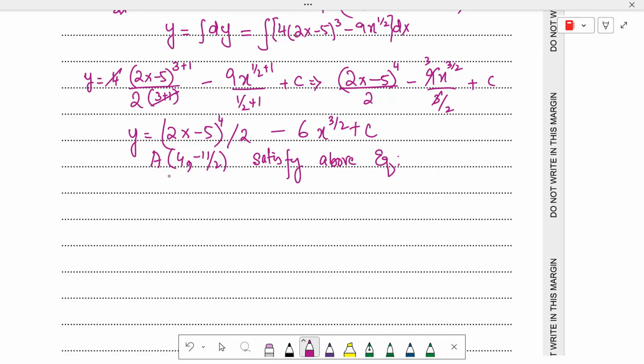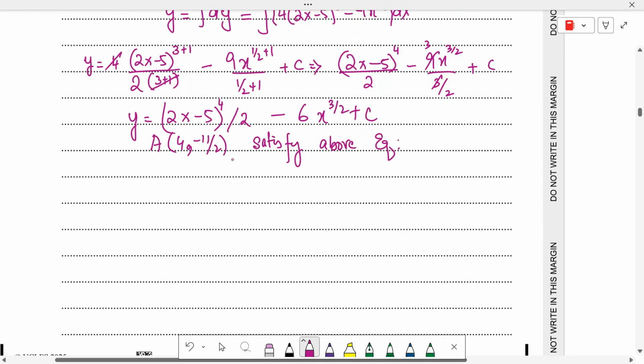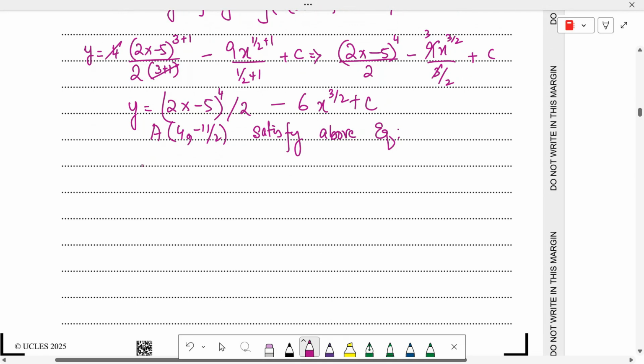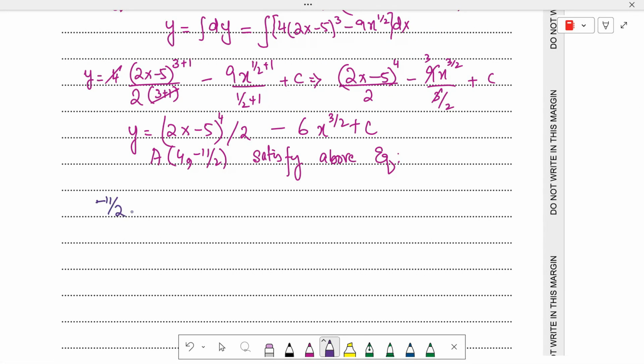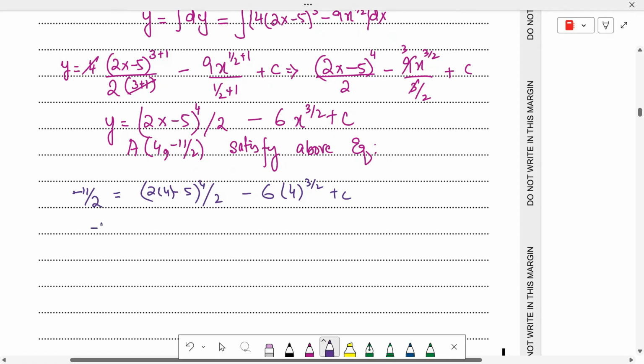So plugging this value into this equation, we have negative 11 over 2 equals (2 times 4 minus 5) whole power 4 by 2 minus 6 times 4 to the power 3 by 2 plus c. This equals negative 11 over 2 equals 8 minus 5, which is 3, and 3 to the power of 4 is 81, over 2, minus 6 times 8, since 4 to the power of 3 by 2 is 8, plus c.